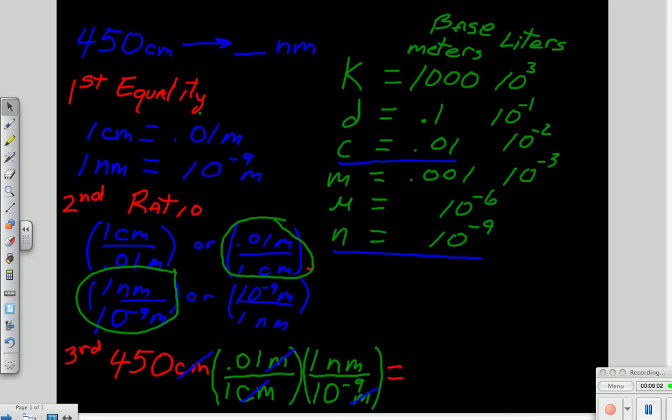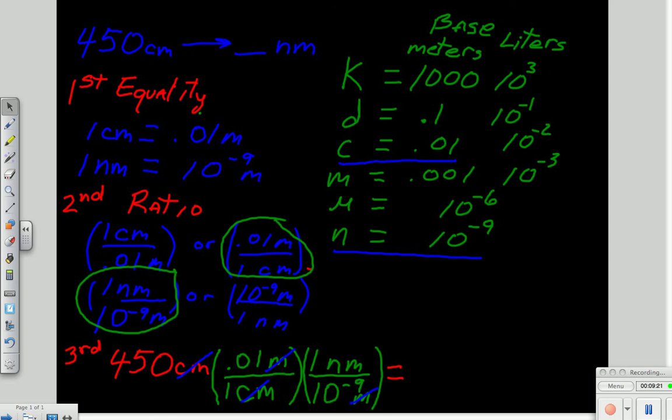All I need to do now is to pick up my calculator, plug in 450, multiply it by 0.01, multiply it again by 1, divide it by 1, then divide it by 10 to the negative 9th.